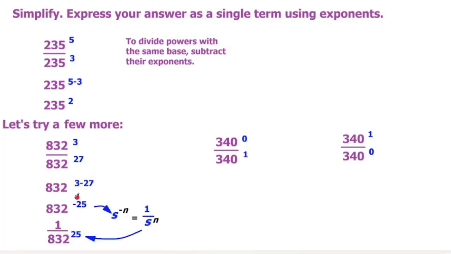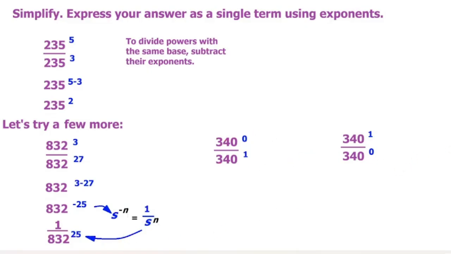So that equals minus 25. 832 to the power of minus 25 is the same as 1 over 832 to the power of positive 25, because this is what we have here with this. And then when you convert it to this format, it becomes this. The 25 becomes positive in the denominator.